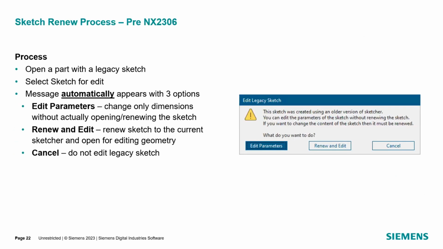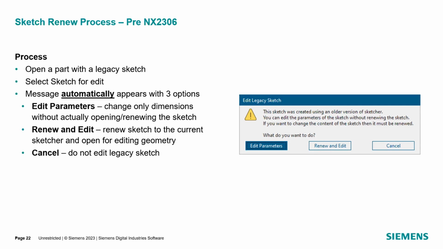So this gets us to the biggest thing with the June release of NX, which is NX 2306. It came out in the June timeframe, and that was prior to this release in June. When you had an existing legacy sketch, you only had three options, right? When you opened it up and you said, hey, I need to do something to it, you could edit the parameters of the sketch, and that would allow you to make it longer, wider, thicker, that type of thing.